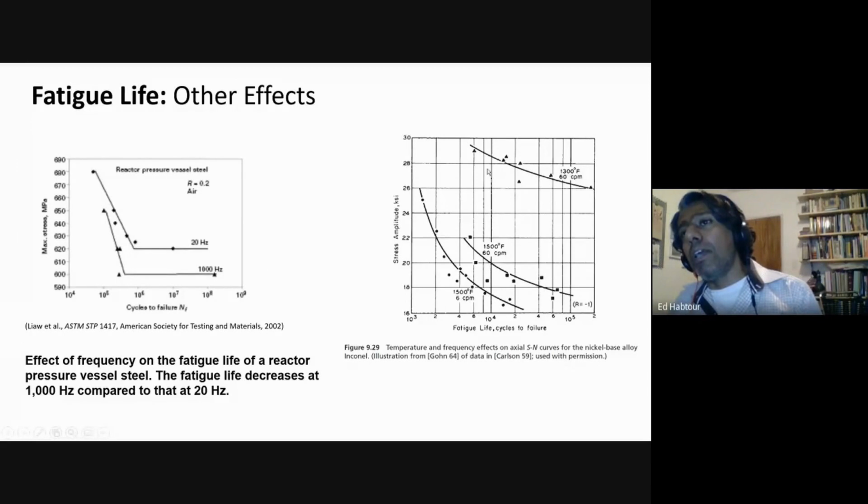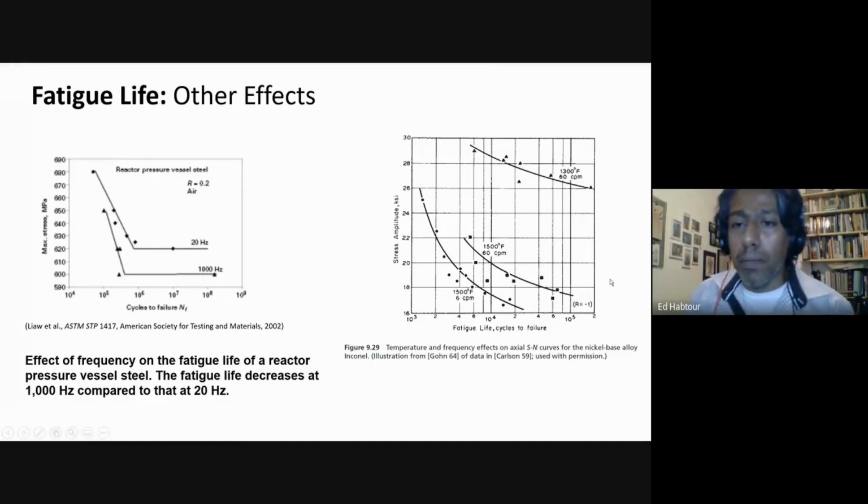And same thing here, if you operate at, I apologize about the Fahrenheit, this is what we use in the US, Fahrenheit. So if you operate under 1300 Fahrenheit versus 1500 Fahrenheit, 1500 Fahrenheit is going to fail faster than 1300 Fahrenheit.